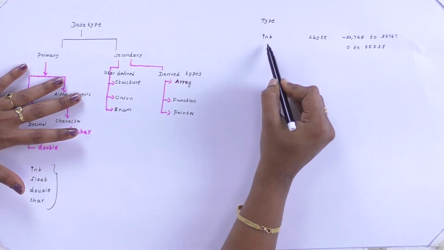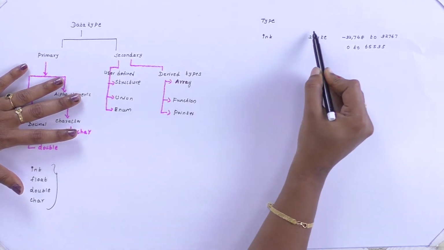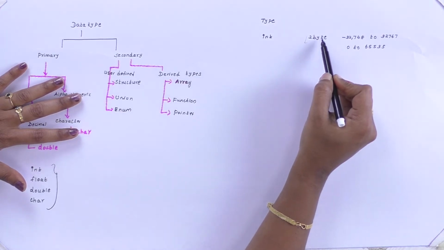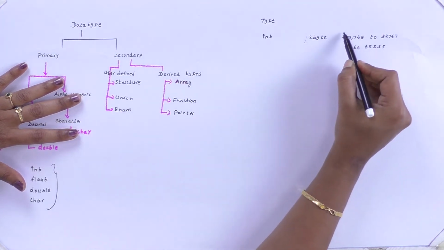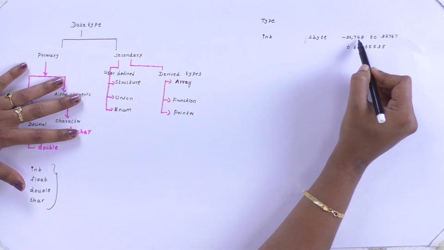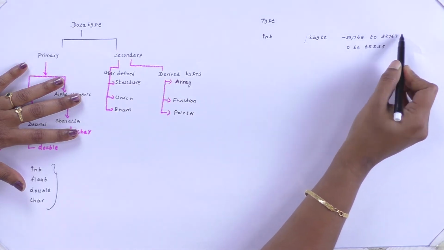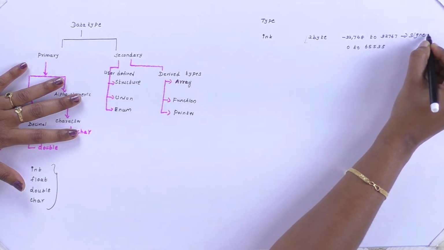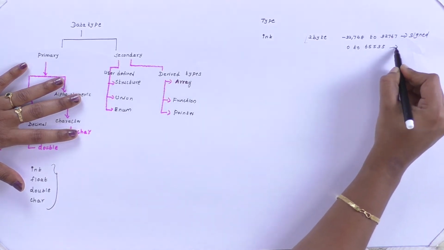Now let me take int. int has a size of 2 bytes, which means 16 bits. It represents a range of minus 32,000 to plus 32,000 when you are using signed int.